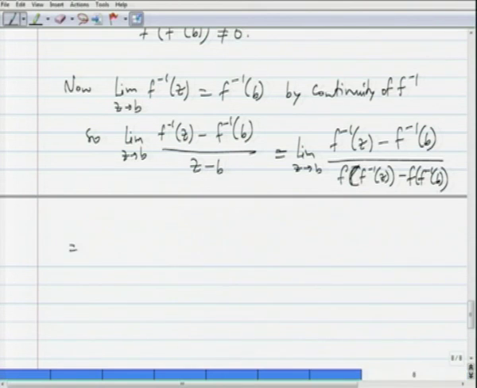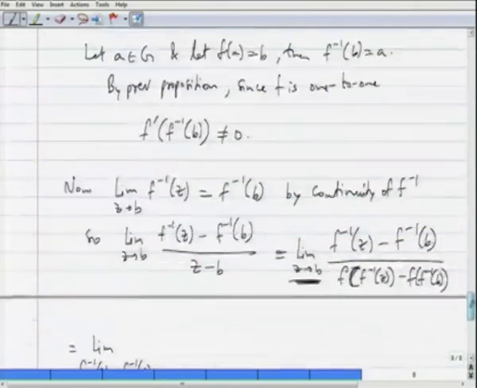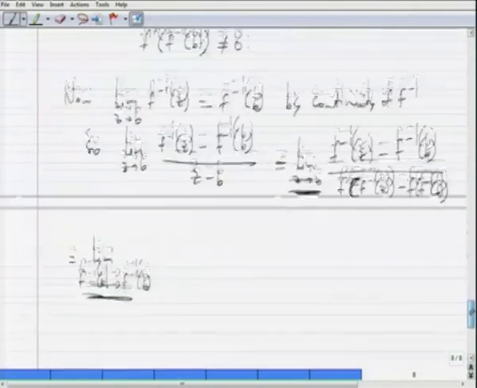Okay. So, this is equal to, what I will do is say this is the limit as f inverse of z goes to f inverse of B. The limit as z goes to B is the same as the limit as f inverse of z goes to f inverse of B, because f is 1 to 1 and f inverse is continuous.